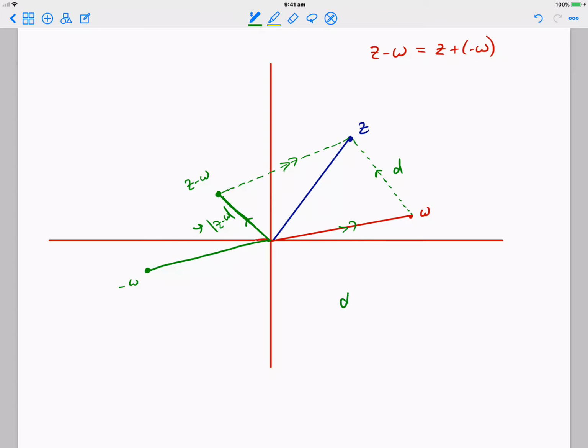So this is a visual way of seeing that d equals the modulus of z minus w. So it's a more intuitive explanation as to why the distance from z to w is just the modulus of z minus w. So hopefully that helps you remember this important fact, because you really do use this idea quite a lot.